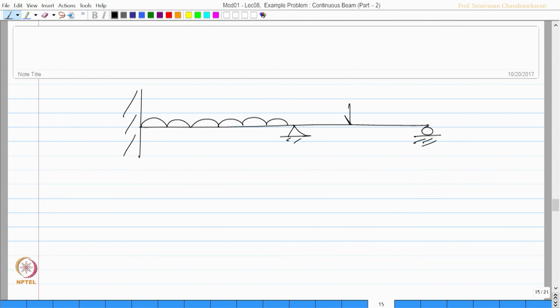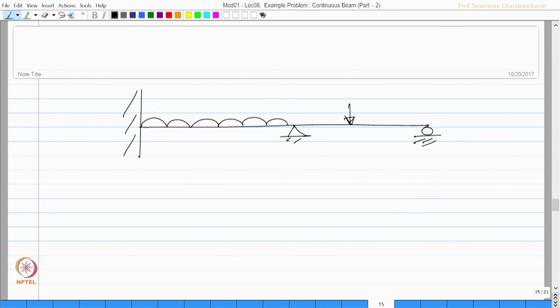So, finally, I have a beam which is solved, which is my summary for this load and for this load.